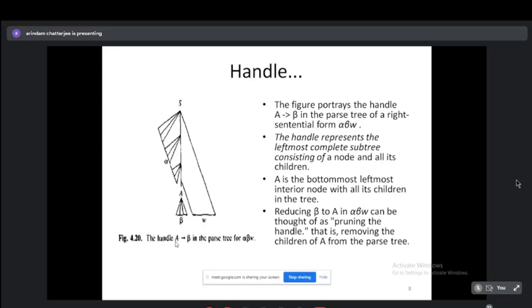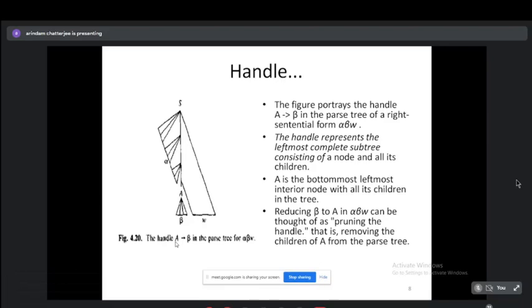Reducing beta to A in alpha beta W can be thought of as pruning the handle. So A has under it a big subtree called beta. So that subtree is now pruned.